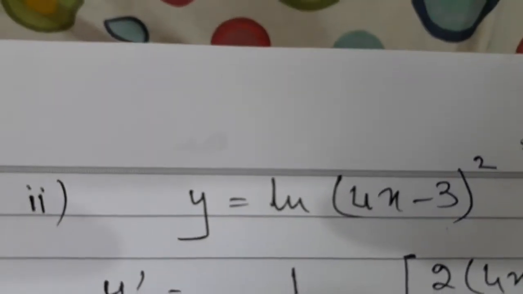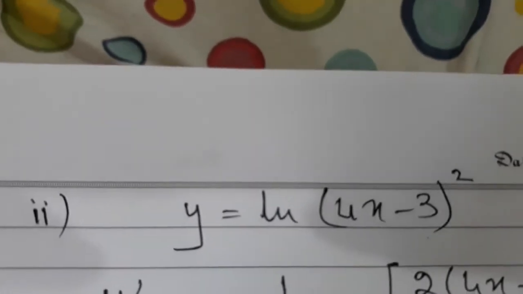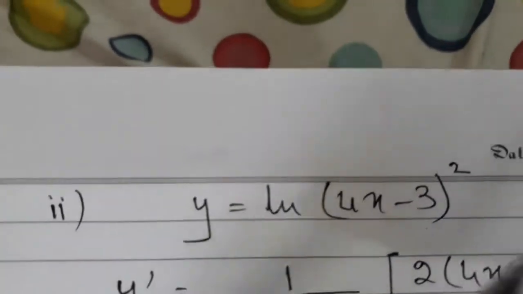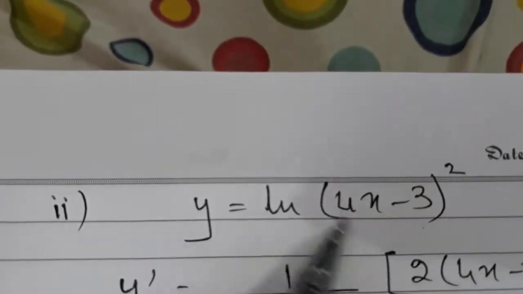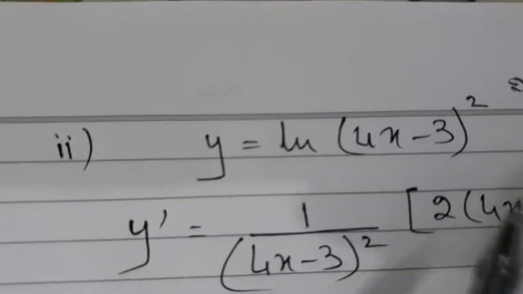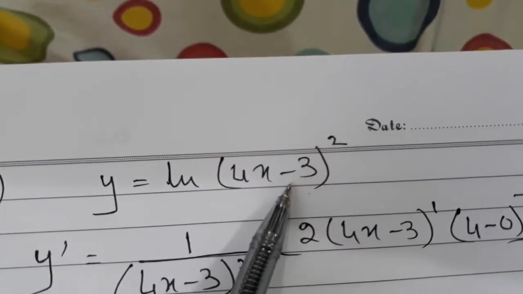Okay, let's see this question. Y is equals to ln 4x minus 3 power 2. So again the same technique. When I will differentiate, this part will go in the denominator, so 1 over this here, and multiply by the differentiation of this. Now this is just like polynomial.